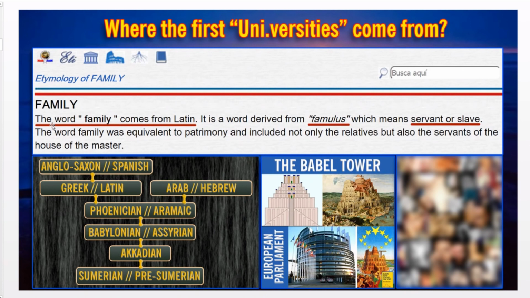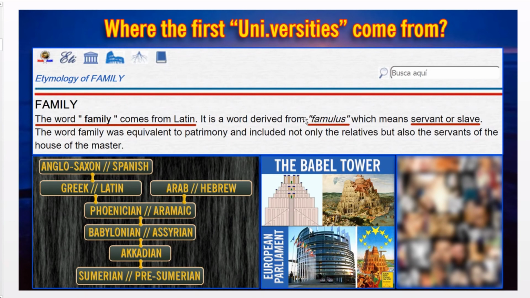The church presents the family as the first, all the family together. But of course, the word family, which comes from Latin, means slave directly. It means servant or slave.